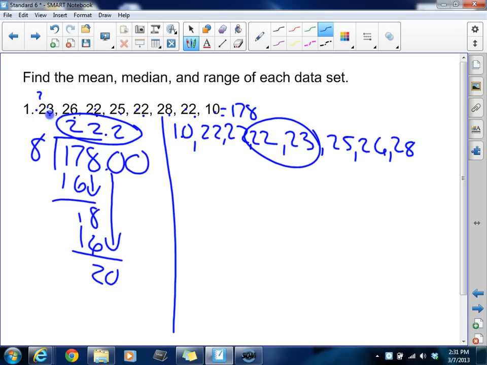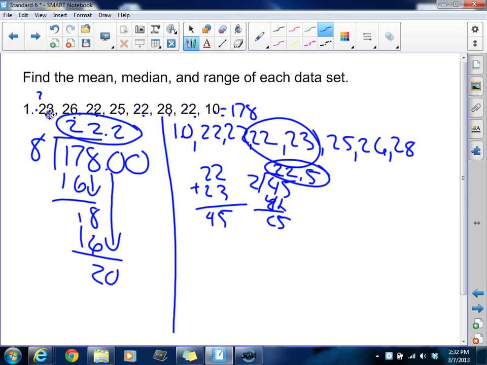So 22 plus 23 is going to be 45. 45 divided by 2 is going to be 22.5. So my median, once again, I take my numbers, line them up in order, and then find the middle number. In this case, I had two middle numbers, so I had to average the two.